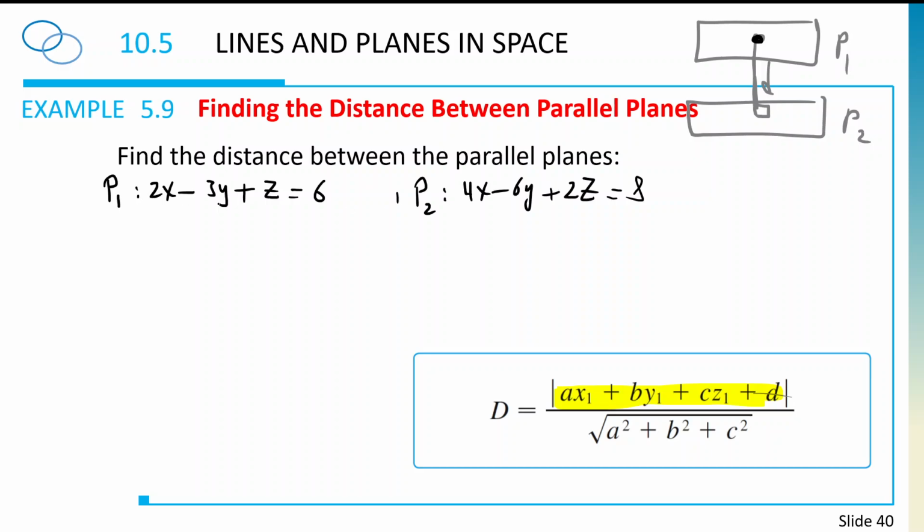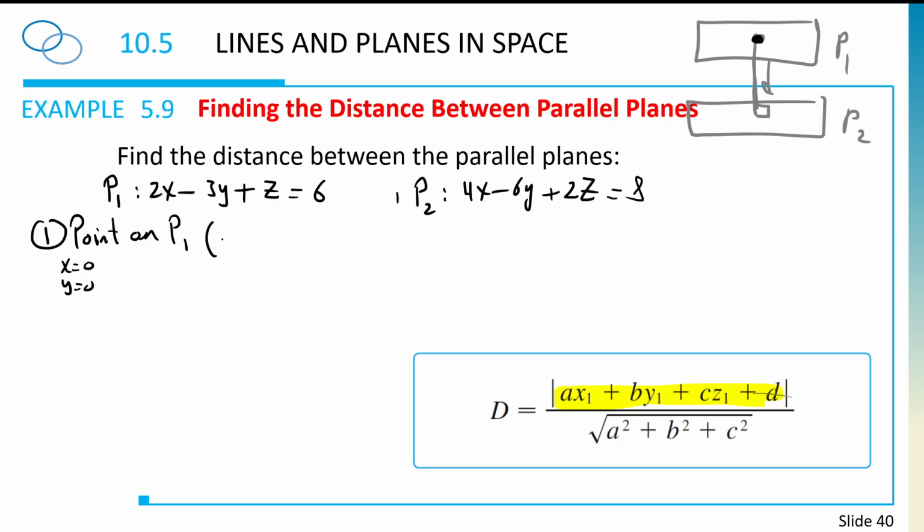Now it's up to you, take any point in plane number one. So the plan here is to take one point on P1. You could take any point, for example x equals 0 and y equals 0.